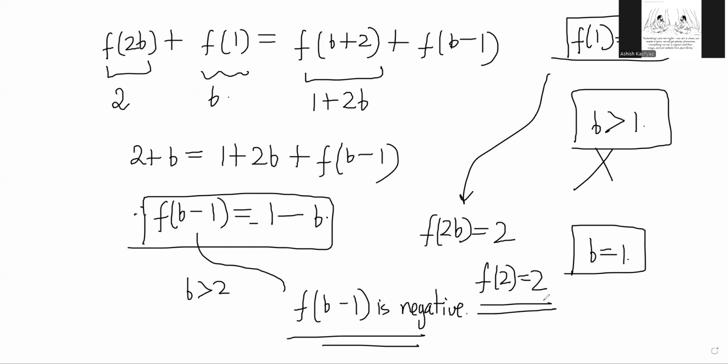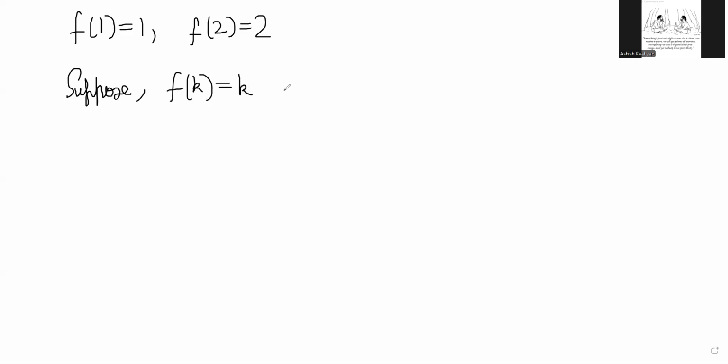Correct. Now we can prove the thing by induction. We have f of 1 is 1. We have f of 2 is 2. And we will say, suppose for strong induction, we assume that f of k is equal to k for all k less than or equal to n, right?